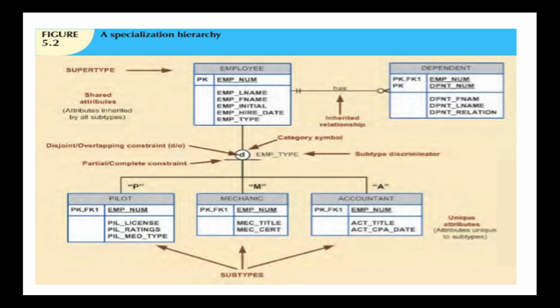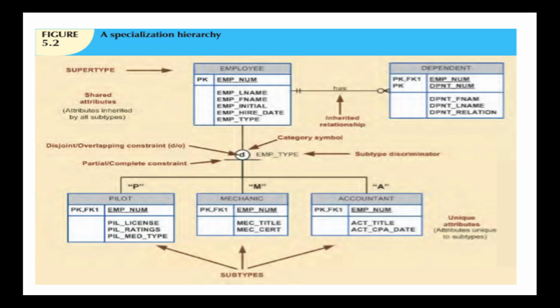The pilot entity has some unique attributes which are not shared by the mechanic and accountant. Likewise, the mechanic entity has unique attributes not shared by the pilot and accountant, and the accountant also contains attributes not shared by the pilot and mechanic.